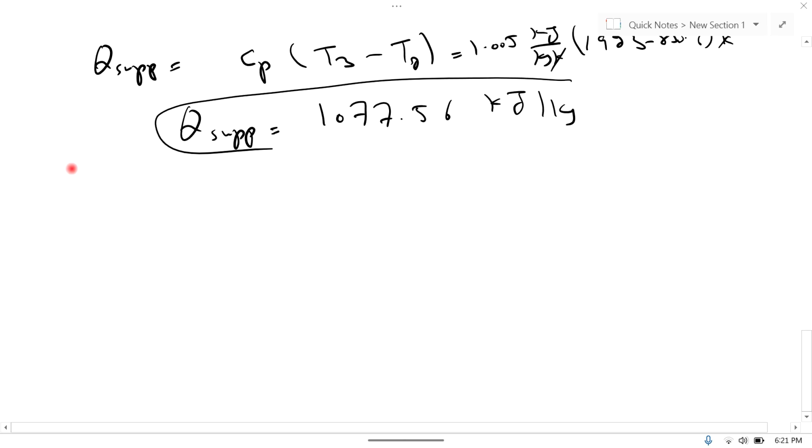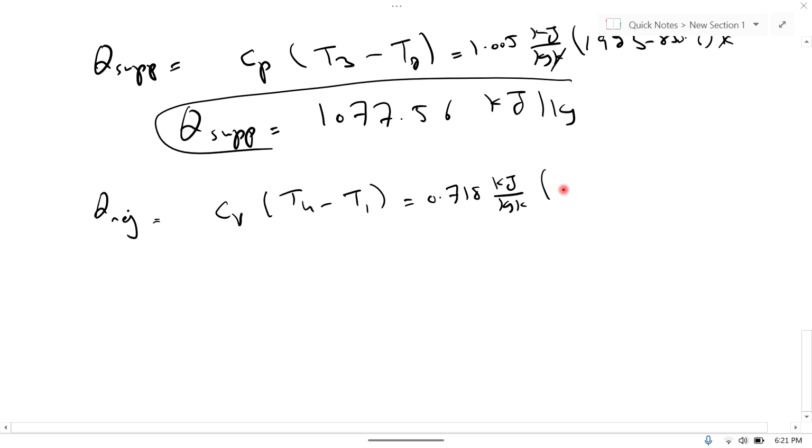Similarly, heat rejected is at constant volume, so it's Cv, and heat rejected from 1 to 4. So this is equal to Cv times (T4 minus T1). Cv is 0.718 kilojoule per kilogram per Kelvin. T4 is 901.94, T1 is 288 Kelvin.